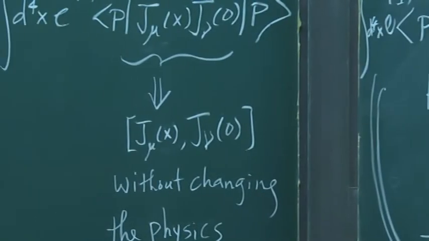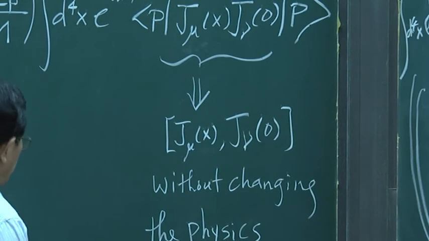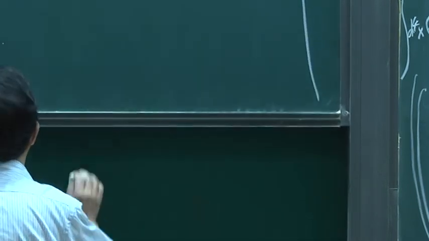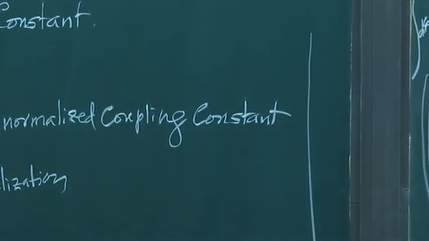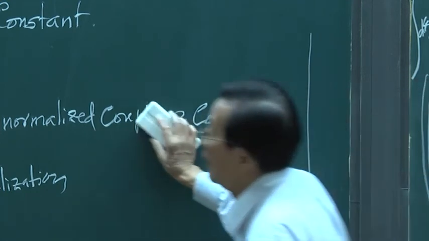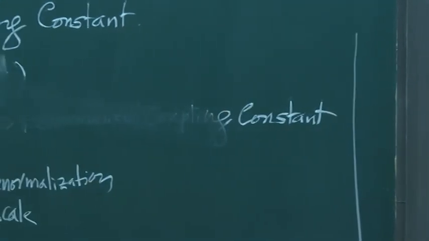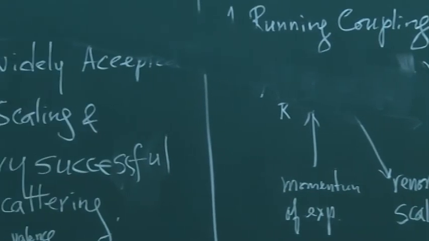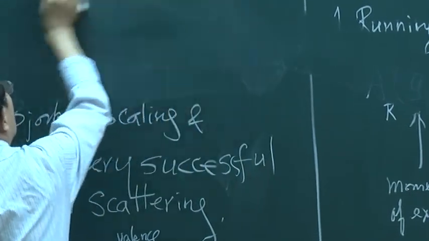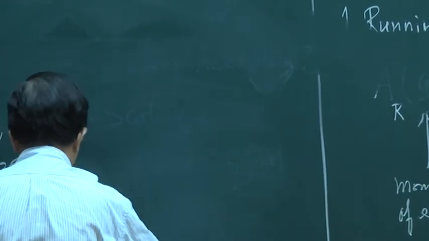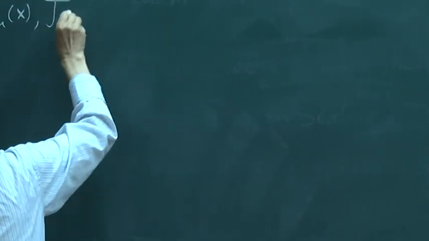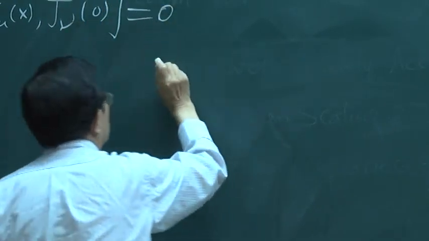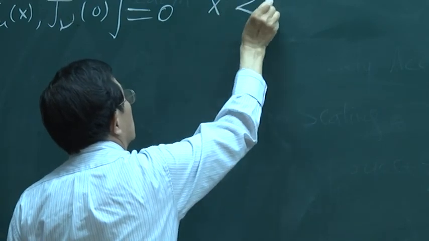Why do I want to turn it into a commutator? Well, because we know the commutator [j_mu(x), j_nu(0)] is equal to 0 if x squared is less than 0.